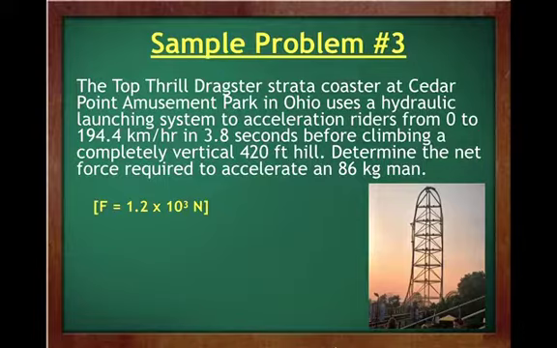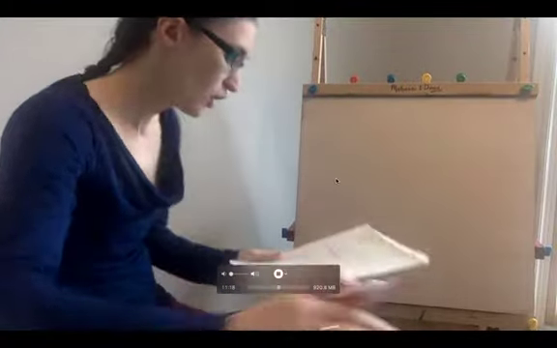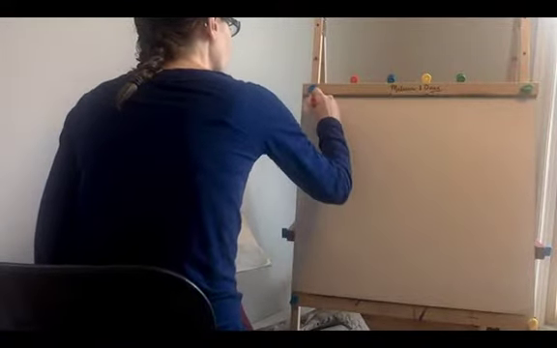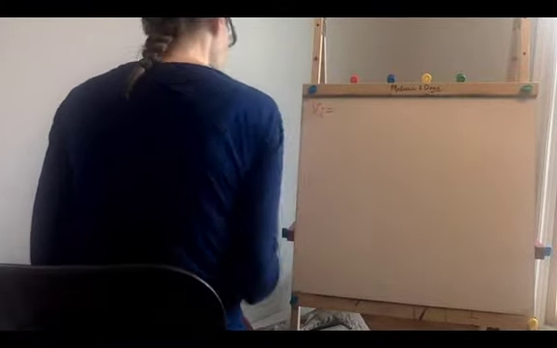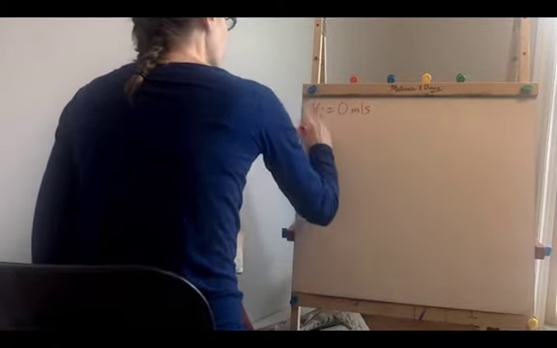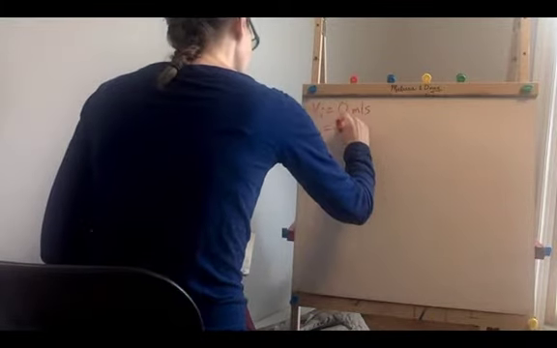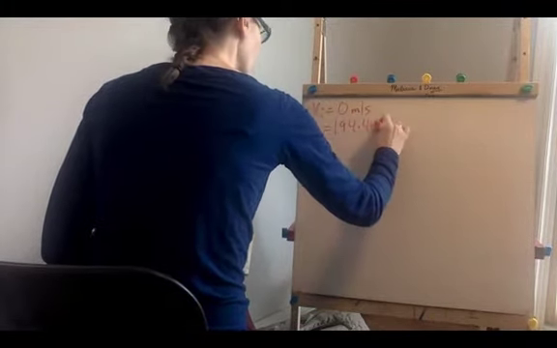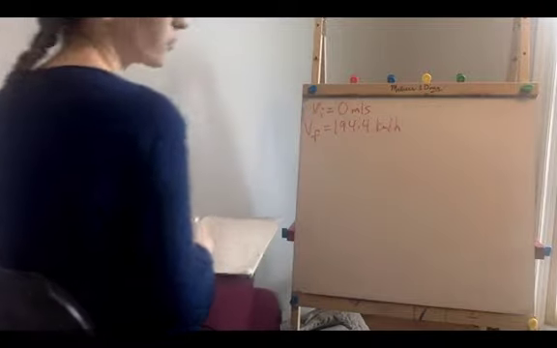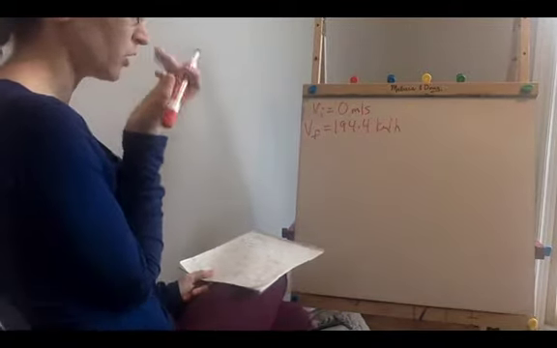But ultimately, how we do this physics-wise, solving this problem, we need to look at a few things. The information we have in the problem is that the initial velocity of this 86 kilogram man starts out at 0 meters per second. It accelerates to a velocity of 194.4 kilometers per hour. To do this correctly, we have to put this into the standard units for velocity of meters per second.